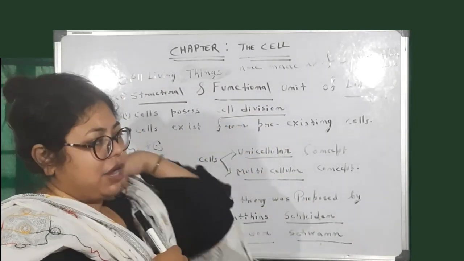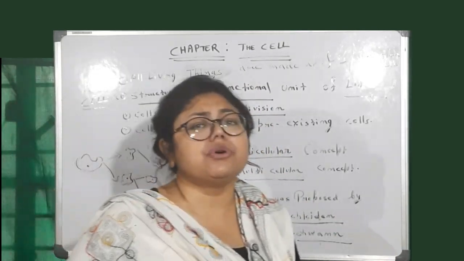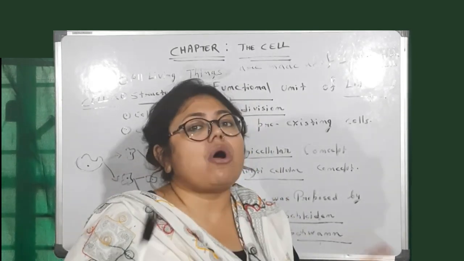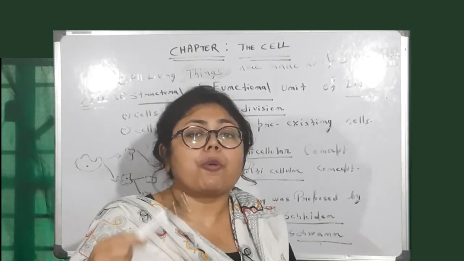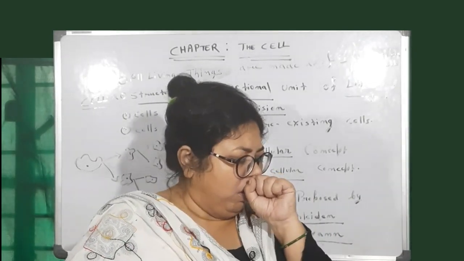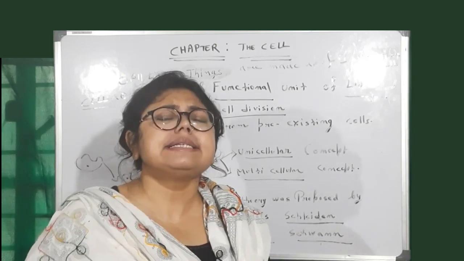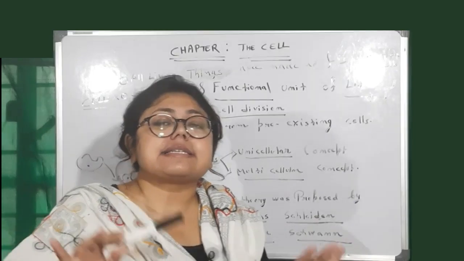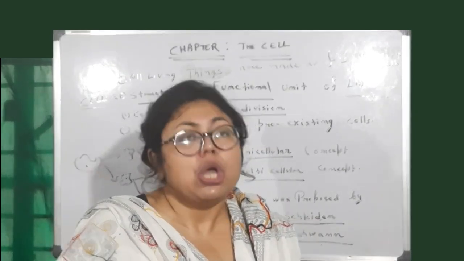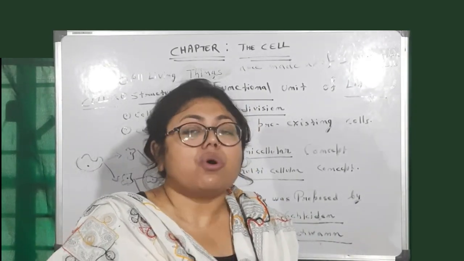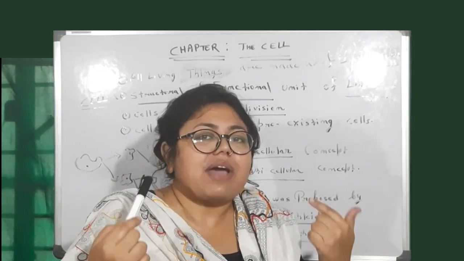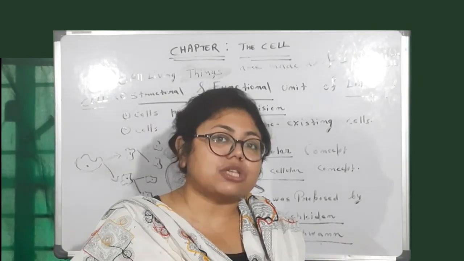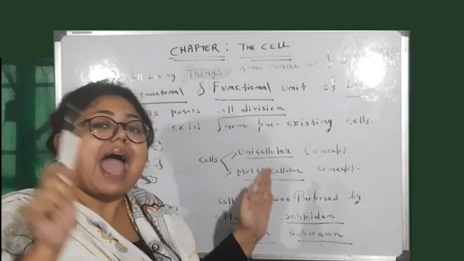So this concept must be clear: unicellular and multicellular. Next, coming to the very vital thing, the cell theory and all those bookish things, right? Who proposed the cell theory? Now, many times students get confused because they study so many scientists' names. It is very natural for a student to get confused about who is the actual proposer of this theory and make a mistake.